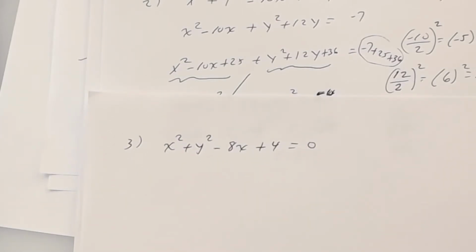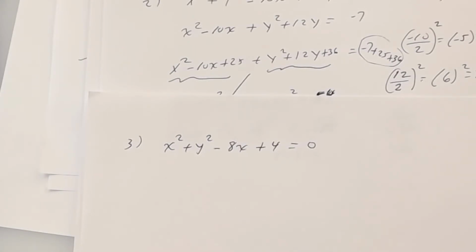You're going to see something like this. What's going to cause you some grief at the beginning? The fact you don't have a y term. You have a y squared. You don't have a y. That's okay. We can deal with that.